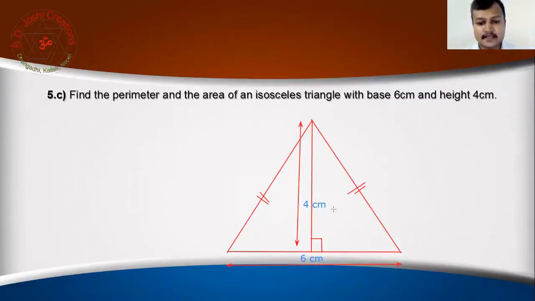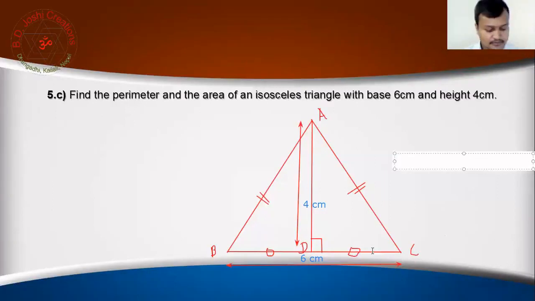So if it is an isosceles triangle, in grade 9 we learned about the theorem of isosceles triangle. Perpendicular drawn from vertex to base of isosceles triangle bisects the base. That means these two parts are equal to each other. If it is triangle A, B, C, and if this point is D, BD is equal to DC.